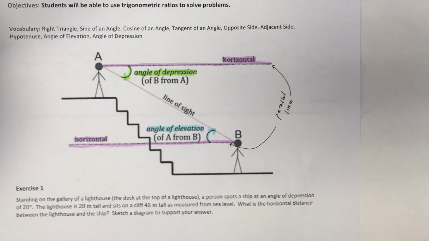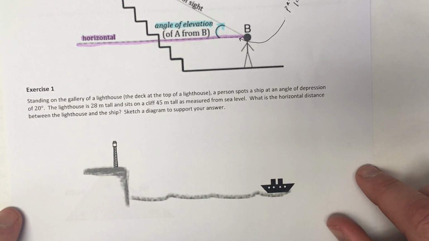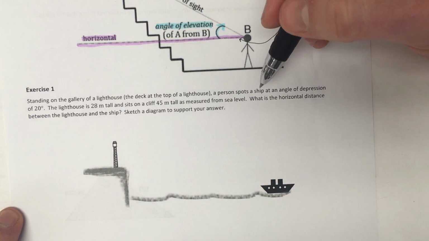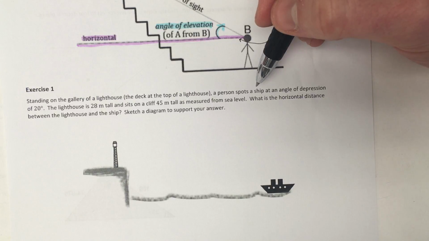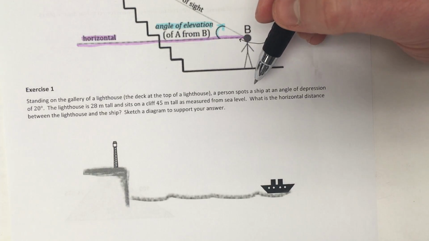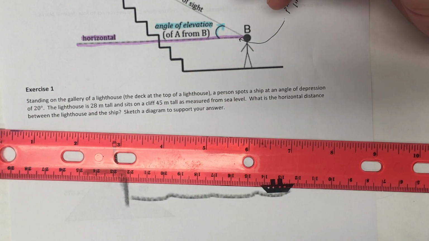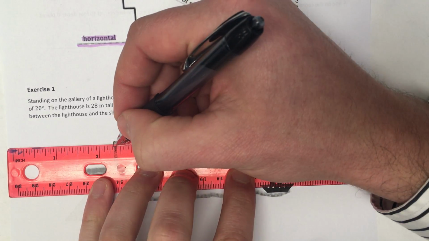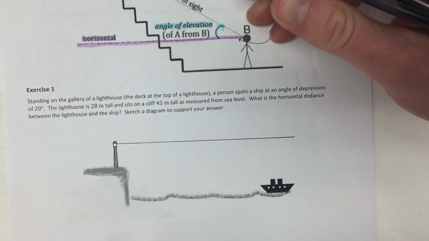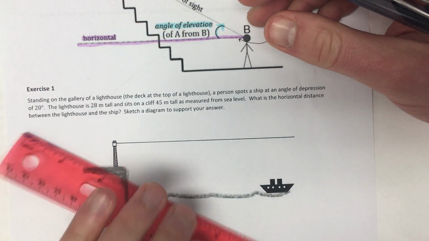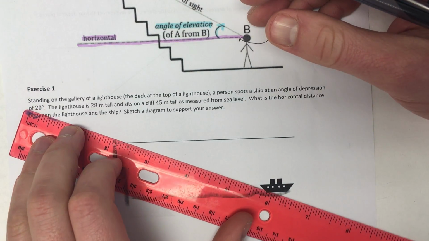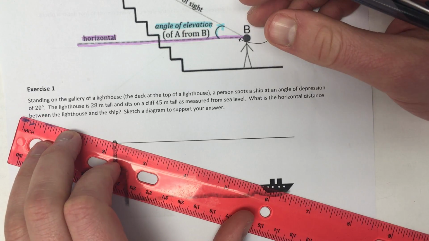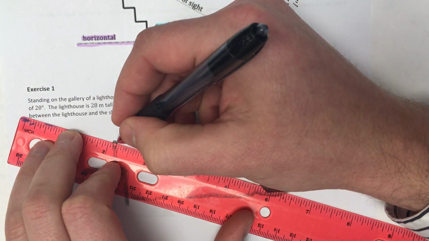Okay? So here's one example. Standing on the gallery deck at the top of a lighthouse, a person spots a ship at an angle of depression of 20 degrees. How does that get set up? You take from the lighthouse and make your horizontal, and then the angle of depression down to the ship. These are not exact word problems.